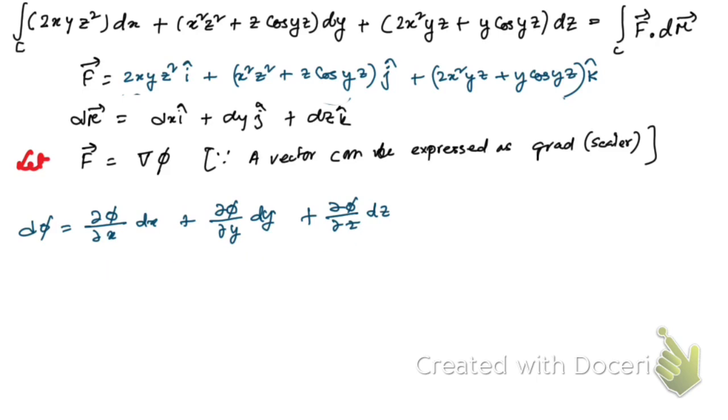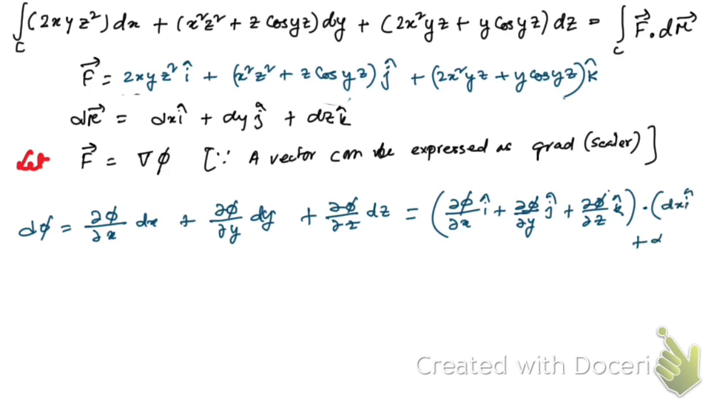If we do so, then we have del phi by del x i cap, del phi by del y j cap plus del phi by del z k cap, and dot dx i cap plus dy j cap plus dz k cap. If you find the dot product of this and this, then again you're going to get this, right?